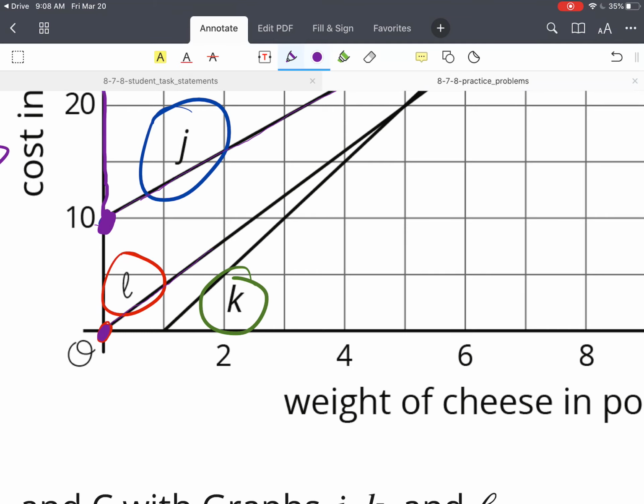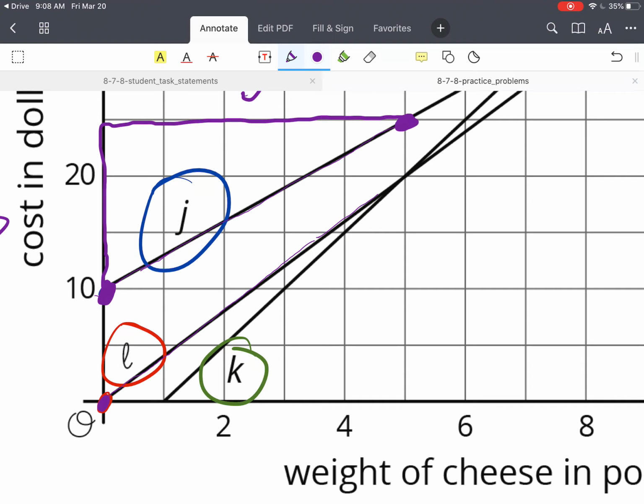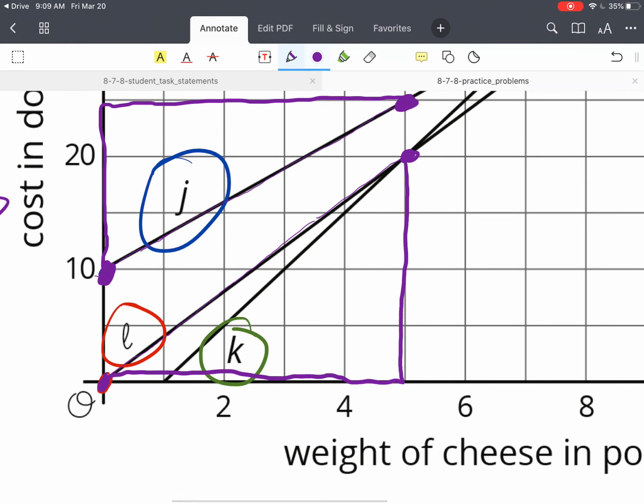So this one crosses at the origin, follow the line until it crosses at a specific point, like right here. Now to make things easier on the eyes, I'm going to go ahead and draw the triangle the other way, okay? Like this. It's the same idea though.